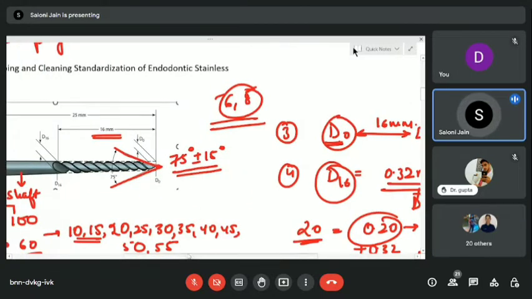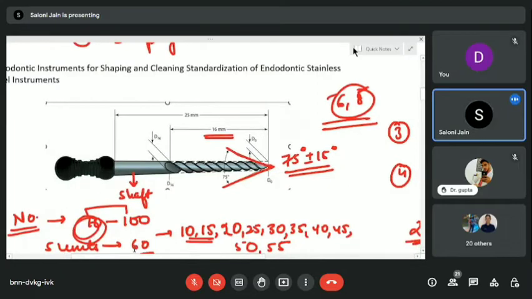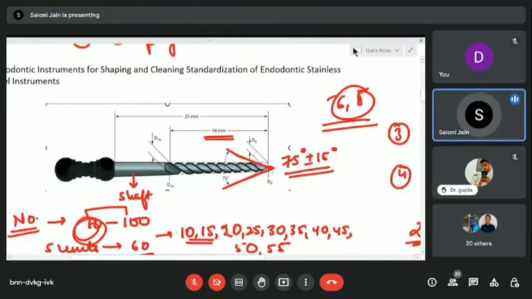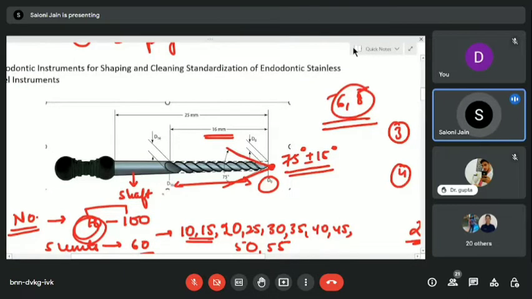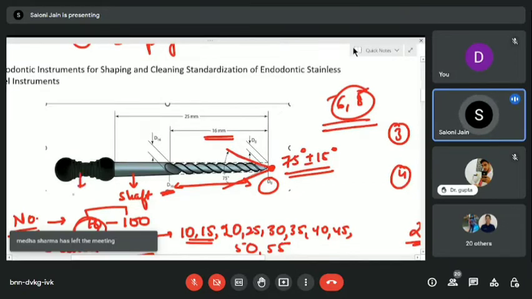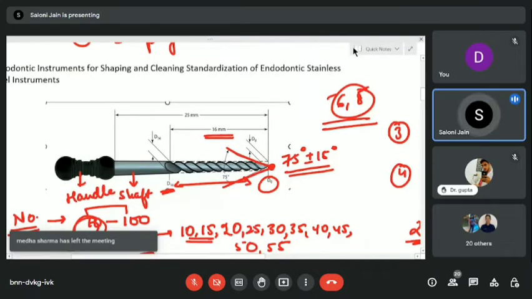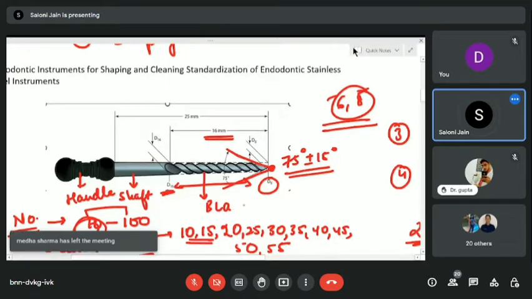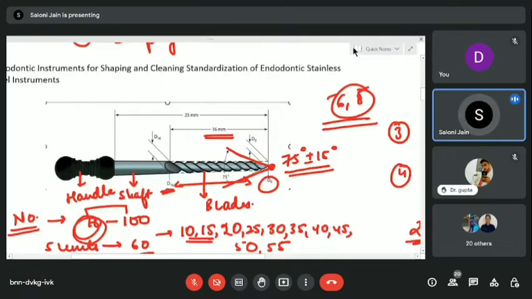Coming to this diagram and explaining this here. So I think it is clear that this is the tip diameter D0. 16 mm apart you have D16. This is the shaft, this is the handle, these are the blades. And this is the tip angle of 75 degrees.